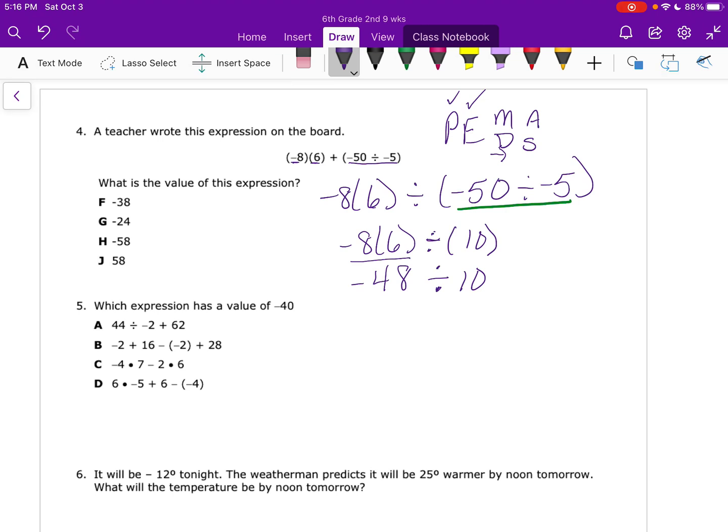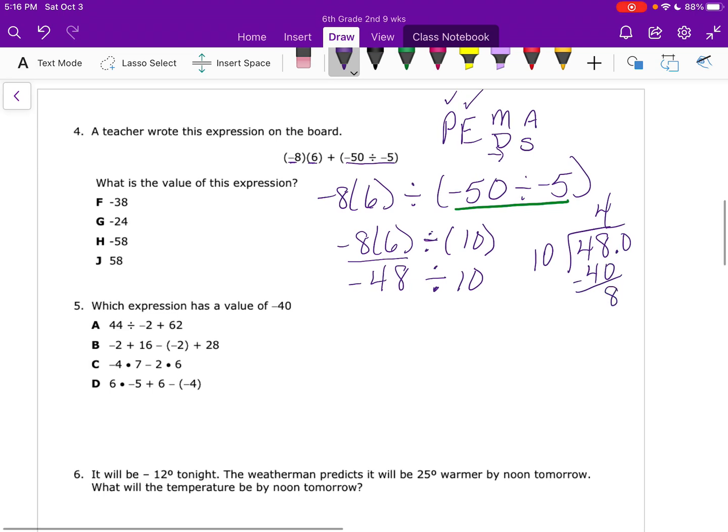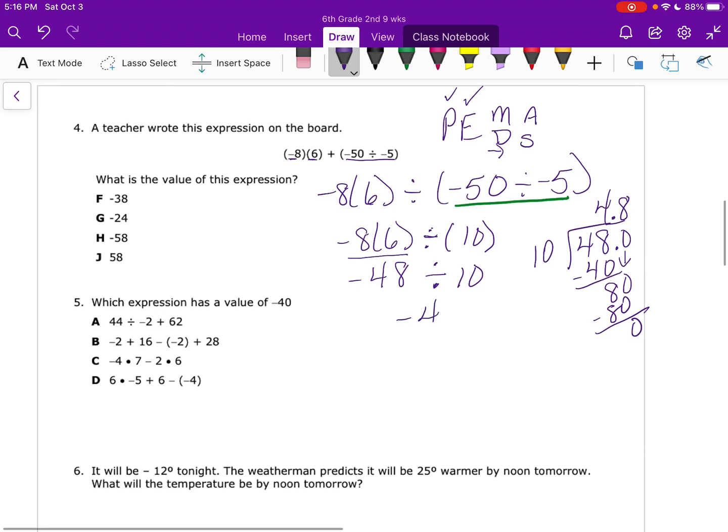That answer is not over there. That's okay. We're just going to get the right answer. So 48 divided by 10, bring down the 0, bring up the decimal. 10 goes into 80 8 times. So 4.8, and it's going to be negative because a negative divided by a positive is a negative.